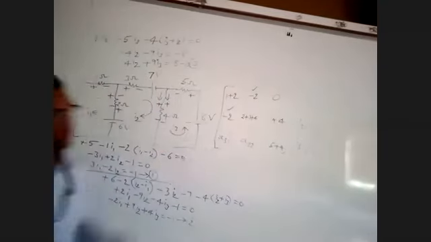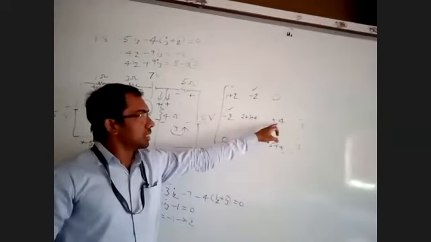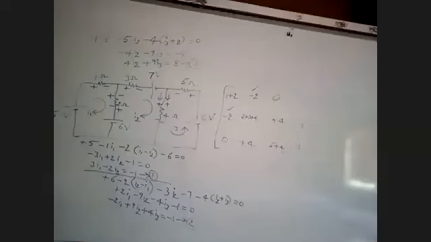Next, A31, third loop and first loop: 0. A13 is equal to A31, and A23 and A32 are the same, plus 4. Okay, this is the matrix. Write down the matrix.